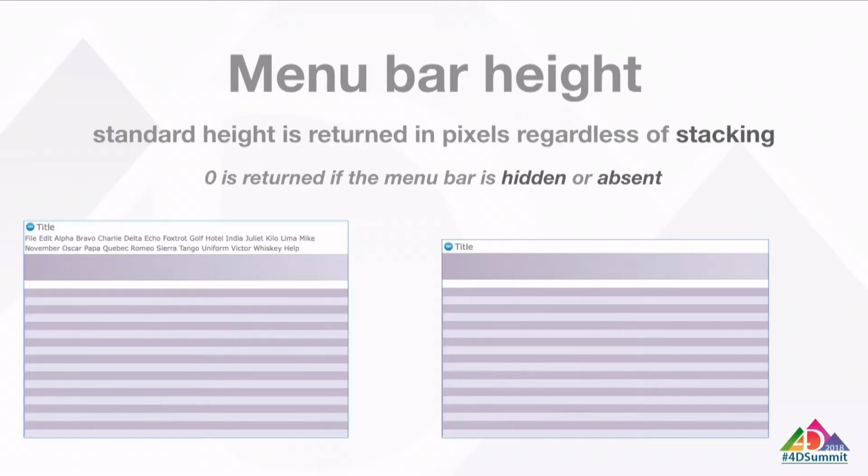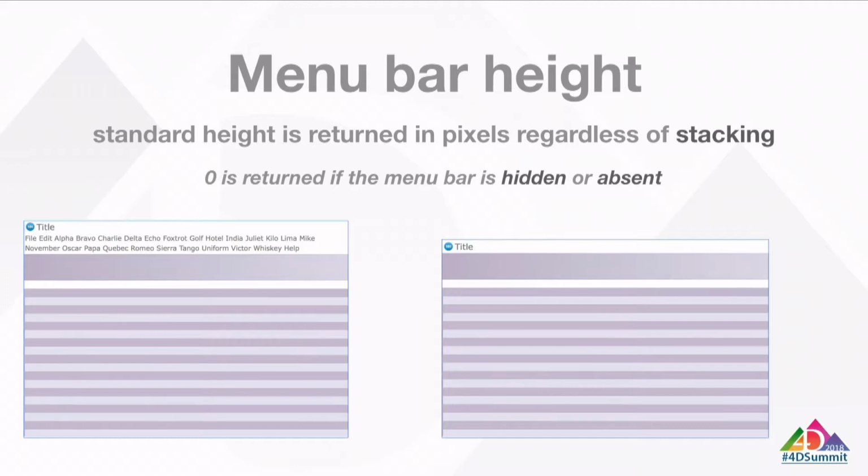And there's a command, menu bar height, and normally, I guess you would use this to position your window so that it displays at the top edge of your main window in MDI mode. Now, this command is still available in SDI mode, but what you need to know is that the height returned for this command is a fixed value.